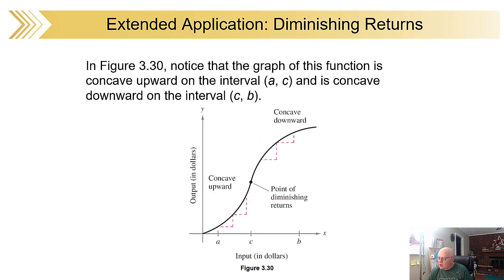So it looks as though the X represents the input in dollars, so maybe this is advertising, for example, say on the internet. The more you advertise, the more your sales increase to a certain point, and then when you spend more, you don't get as much out of it as you did before. Sales are increasing, but not like they were before. So that would be the point of diminishing returns.